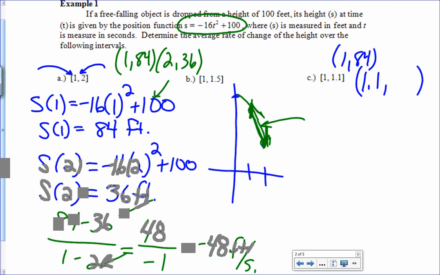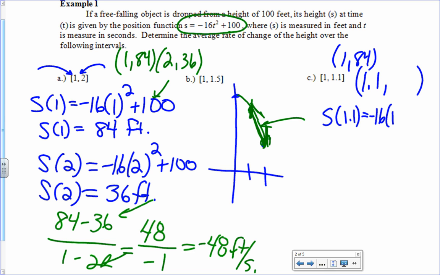So to find s of 1.1, negative 16 times 1.1 squared plus 100. So here's where your calculator is going to come in handy, so go right ahead and figure that out. Well, you don't have to just hit your calculator, you actually have to open it and attempt the calculation. 80.64.